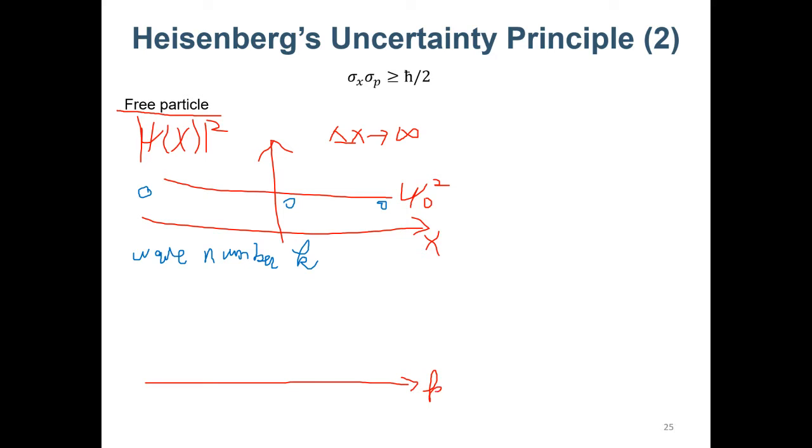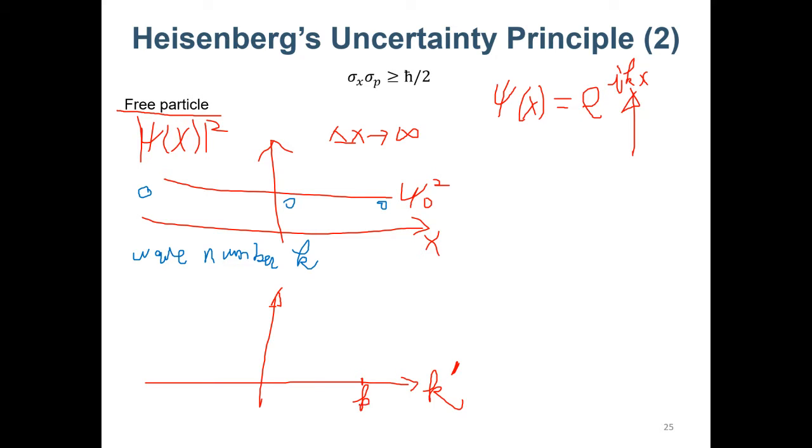So if I try to plot it in the k domain, because you know phi x is exponential to ikx, only k is possible, which maybe we can write as k prime as the axis.